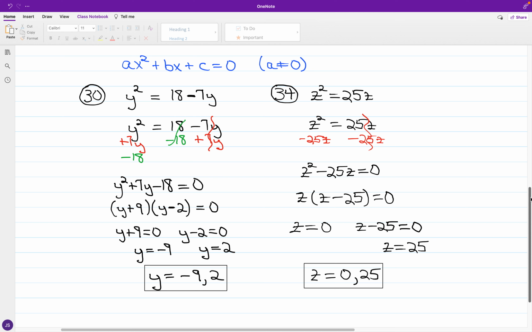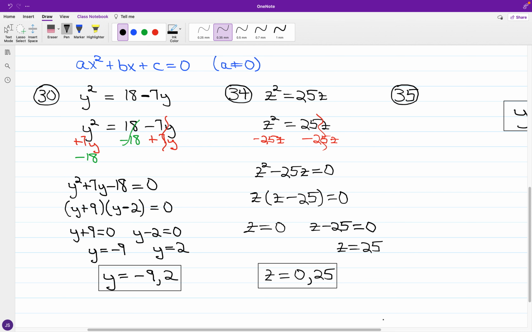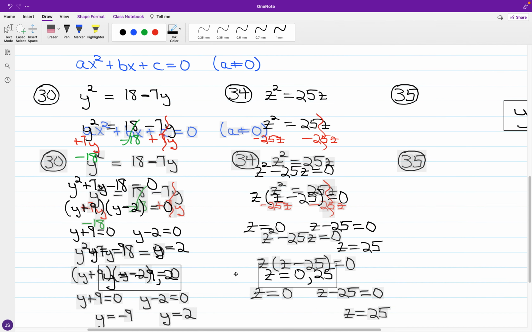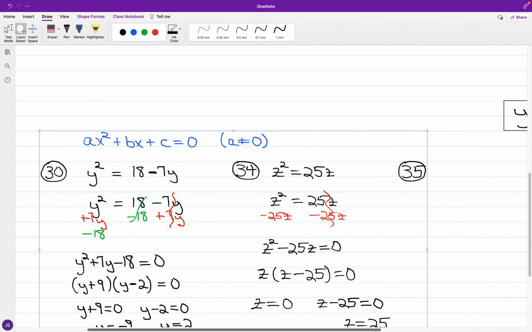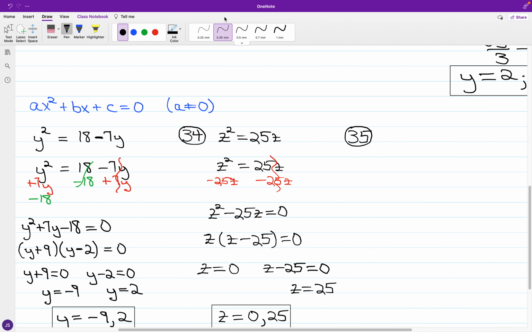Now, in the case of fine-tuning where and when we can use factors or factored out expressions, and where we can directly apply the zero product property. In number 35, we have the variable M, and we have a factored display in this problem.